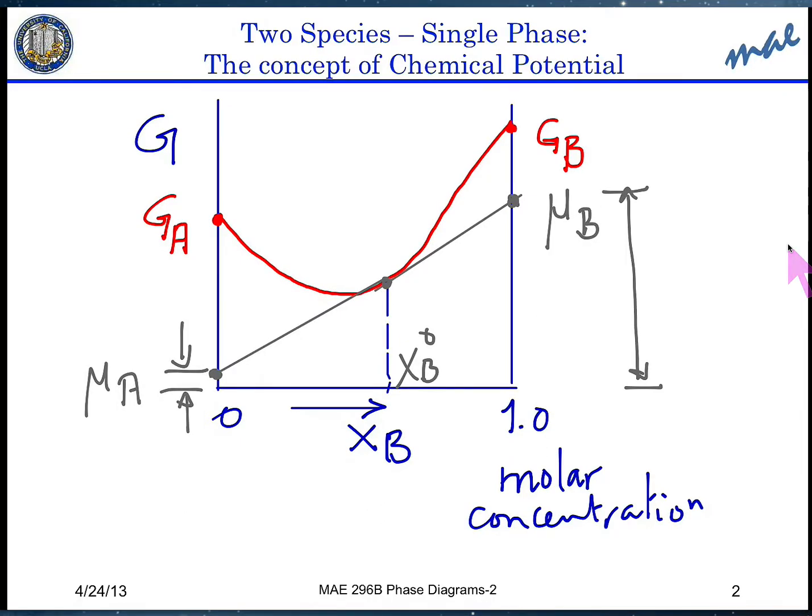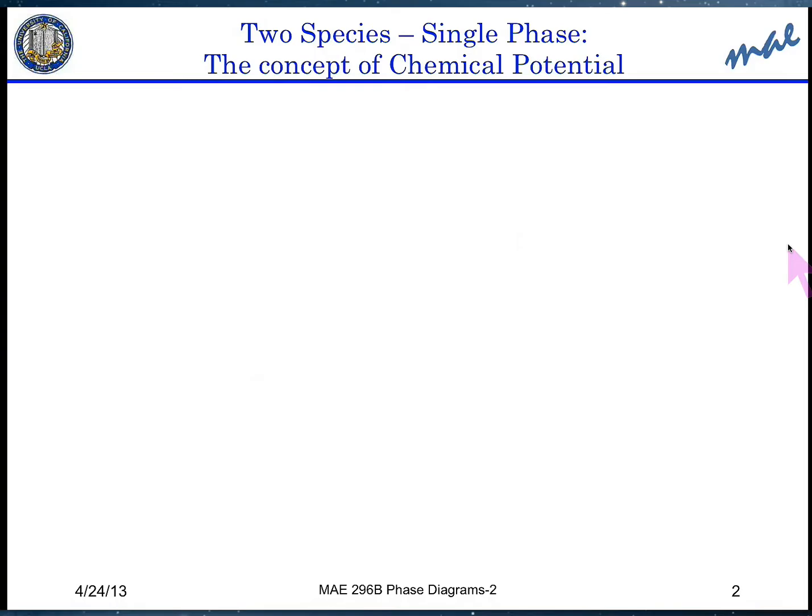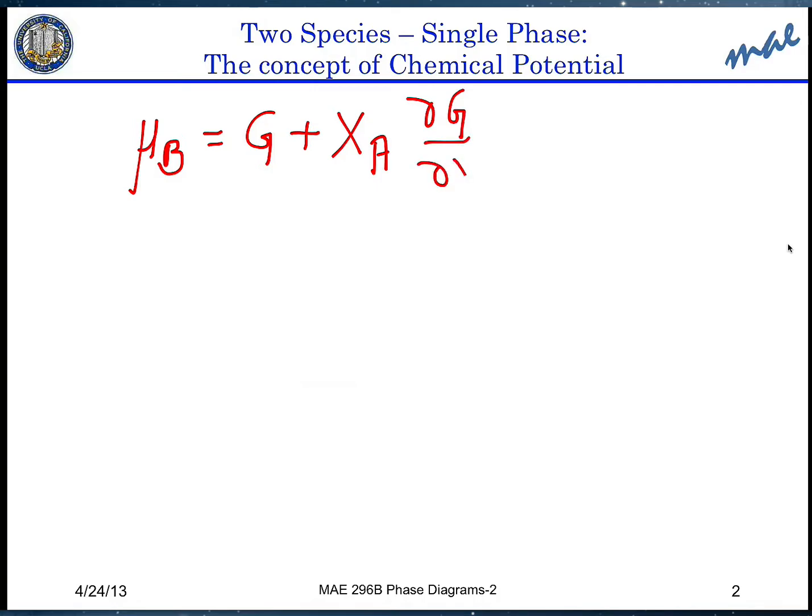If we just clear this page, then we know that the chemical potential for element B, which we derived before, is equal to G, the total Gibbs energy for the system, plus X sub A times the derivative of G with respect to X sub B, and this derivative is evaluated at the particular concentration X sub B super 0.